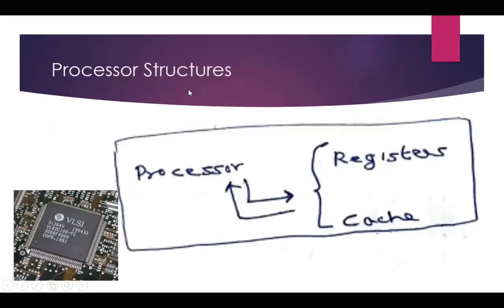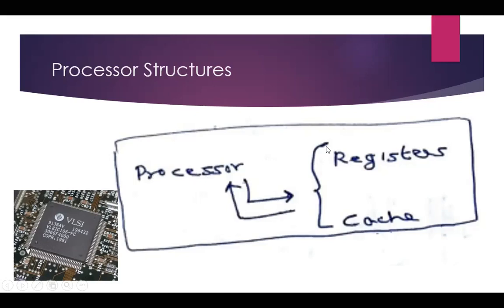So what is a processor? I told you that nowadays there are 4th-generation processors, and they are in the form of very large scale integrated circuits. This is the actual processor. And inside this processor, there are two components. One is the actual processor, the other is the volatile memory system, which is used by the processor.